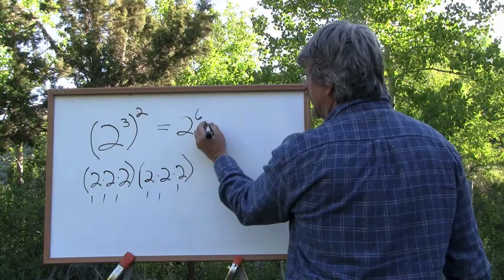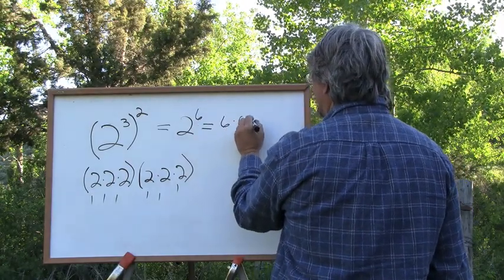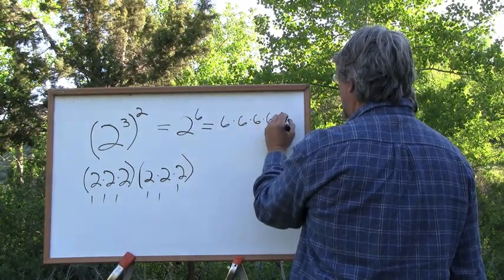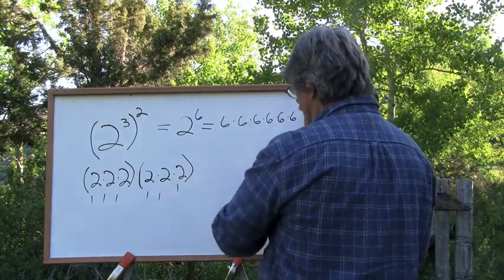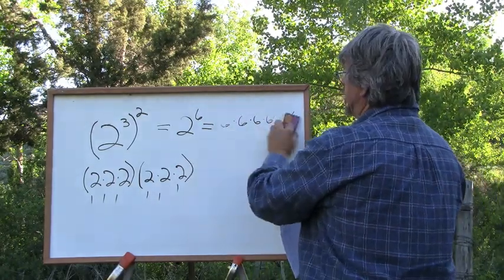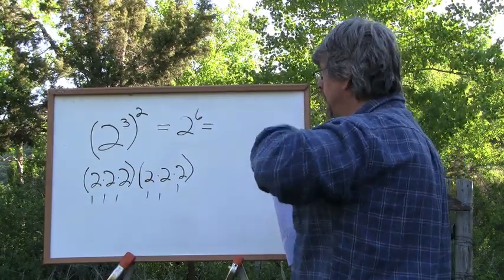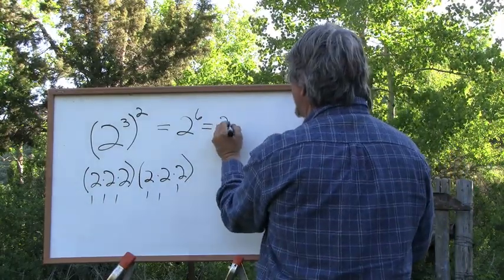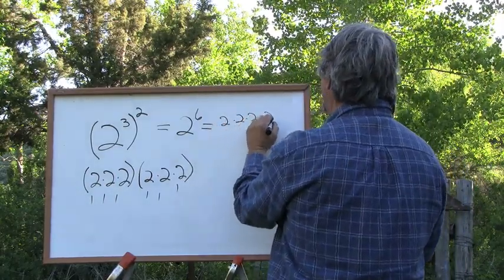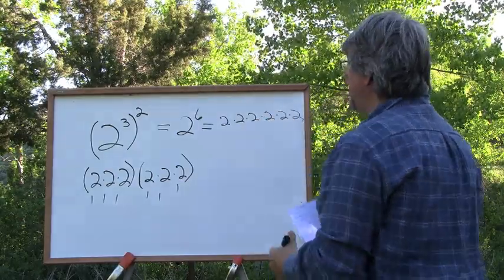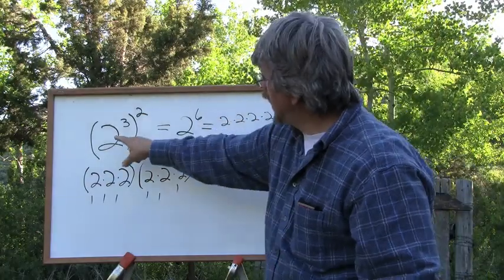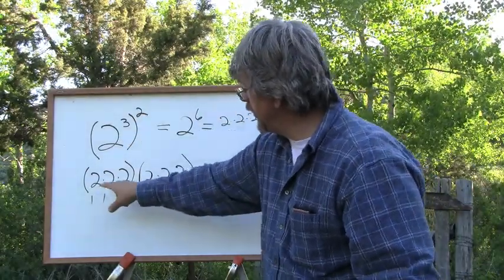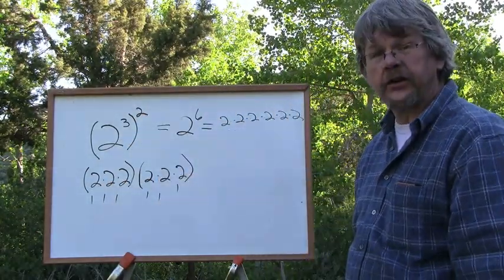And this number, sorry, I wrote 6's, I meant 2's. Got carried away there. This number has 6 2's exactly like this number has 6 2's.